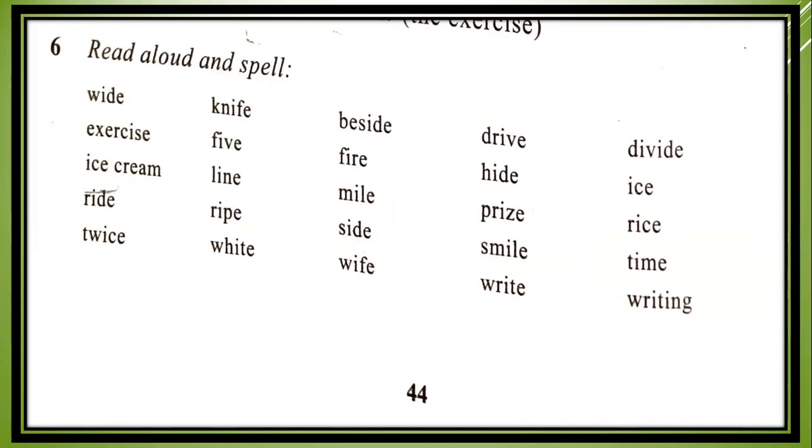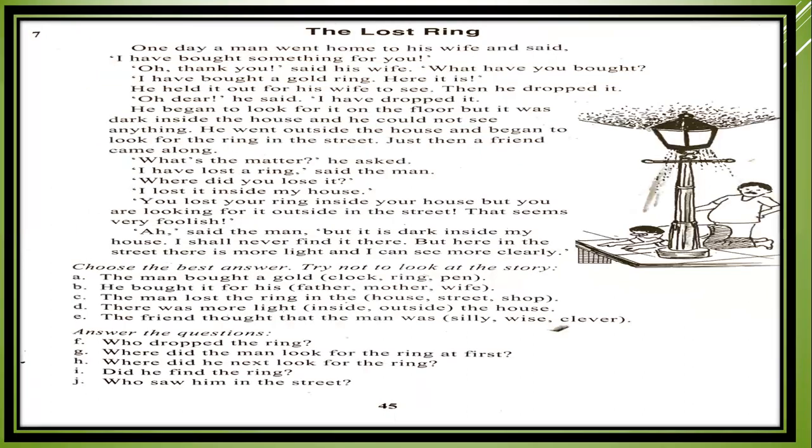Let's move forward. Next, page number 45. There is a very interesting story, The Lost Ring. Let's read with me. One day a man went home to his wife and said, I have bought something for you. Oh, thank you, said his wife. What have you bought? I have bought a gold ring. Here it is.